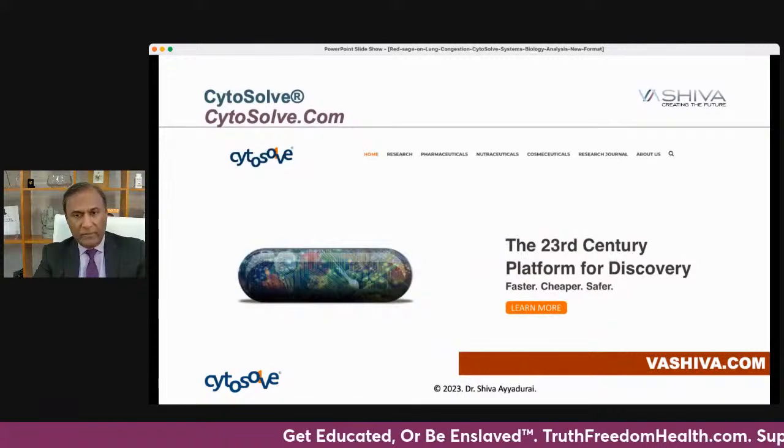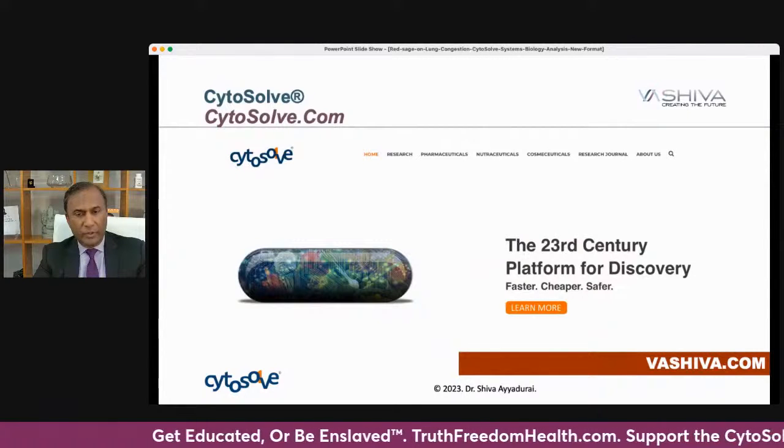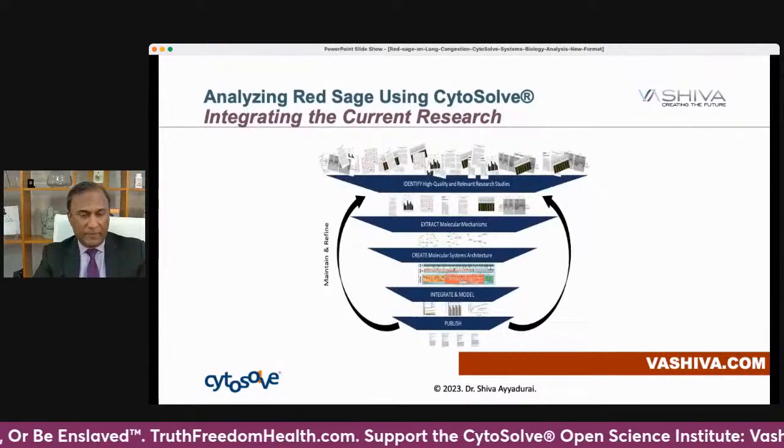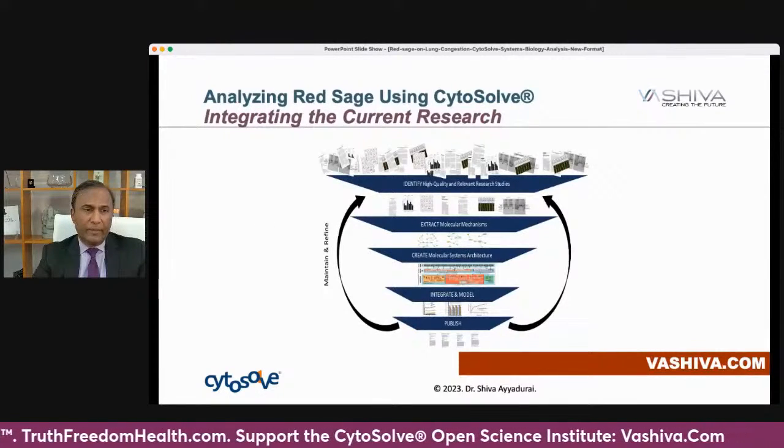With CytoSolve, we take a 23rd century approach where we're able to really understand all these mechanisms of action. To give you a very powerful example of the value of CytoSolve, obviously we're going to go into discussing red sage and lung congestion, but we've been helping many companies who are really wanting to solve problems using our technology.